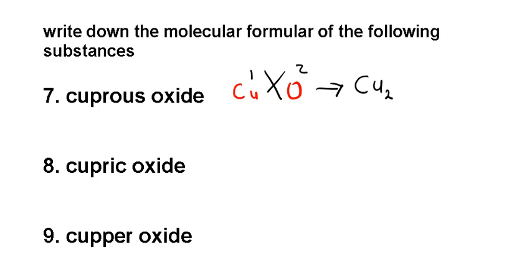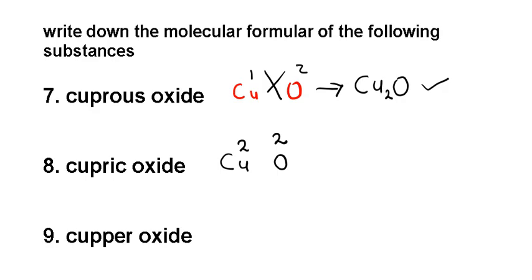So let's look at cupric oxide. Cupric oxide is also made up of copper and oxygen. Cupric has a valency of 2, while oxygen also has a valency of 2. So let's exchange their valency.